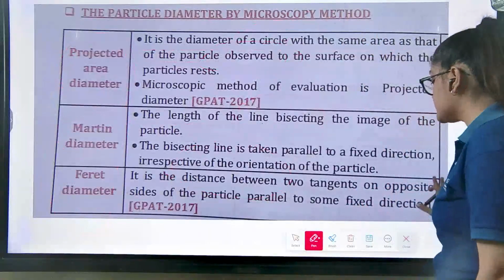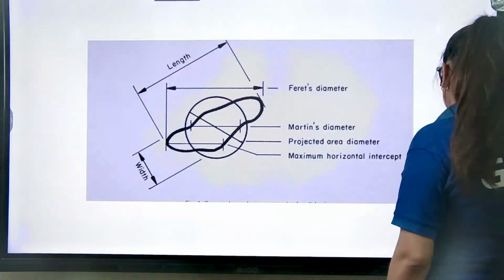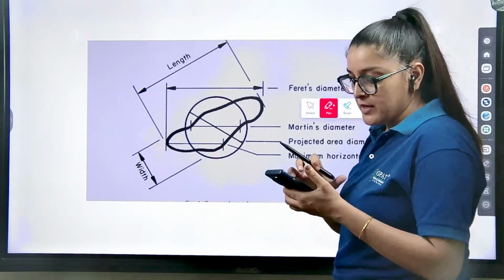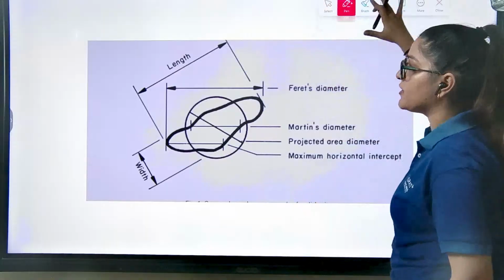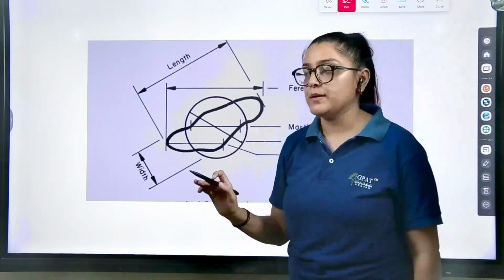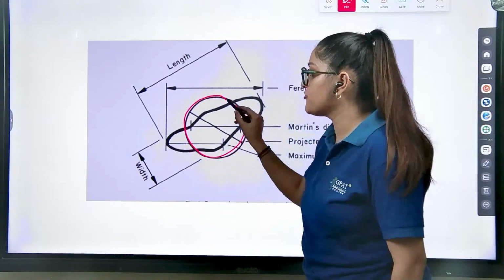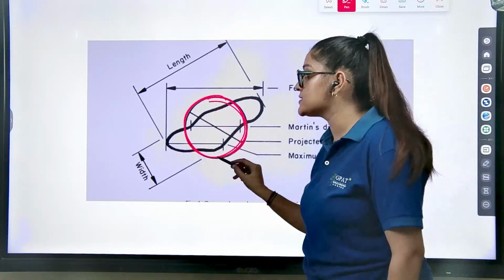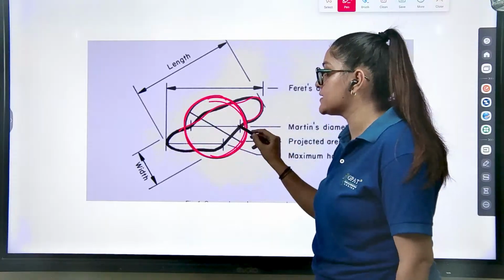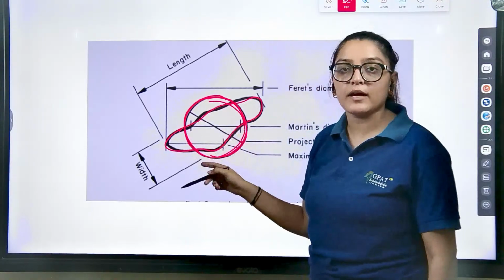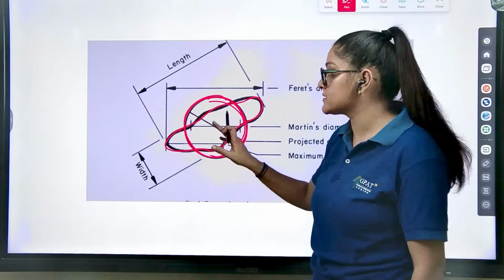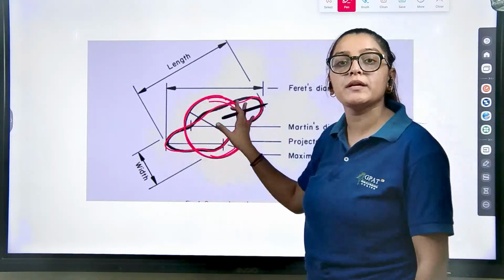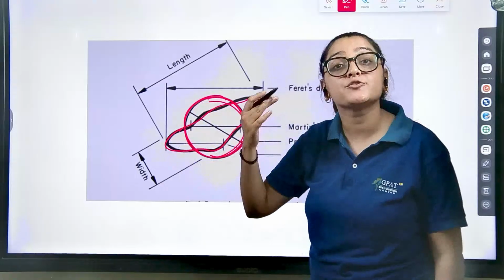Now let's understand what it actually means. What you see here is a diagram showing a particle. Very simply, we have a spherical particle here. Actually, this particle is assumed to be spherical in shape. You can have asymmetric particles. You put this asymmetric particle to be in the shape of an approximate sphere.